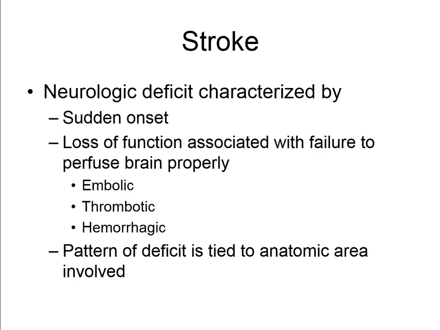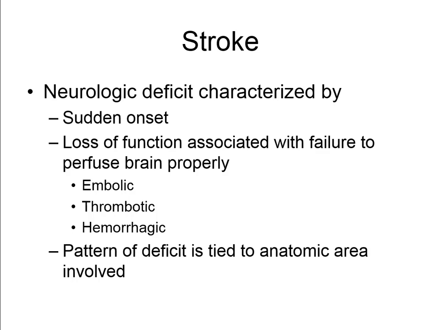Stroke is a neurologic deficit of sudden onset with loss of function associated with failure to perfuse. You can have that because you block one vessel, because you stop perfusing in cardiac arrest, or because you block outflow and end up with a venous-based infarct.